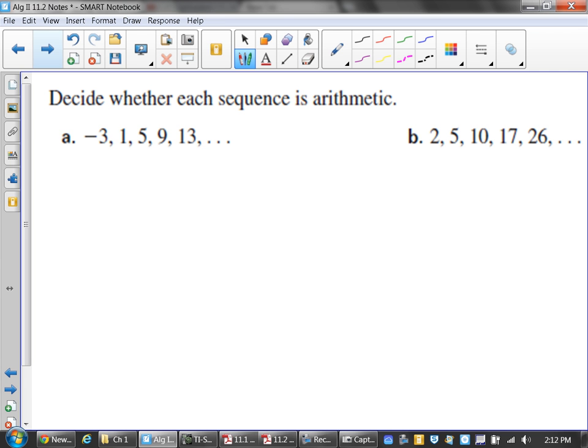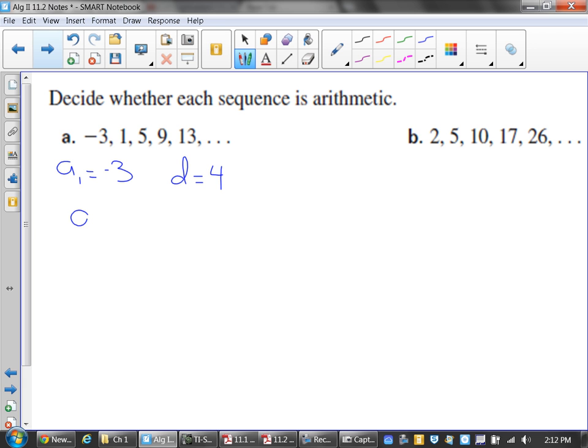What's the first term? -3. So I know my first term is -3, and my common difference is 4. It goes up by 4 each time, so the difference is +4. If I want to write out this nth rule, I know everything I need to know.